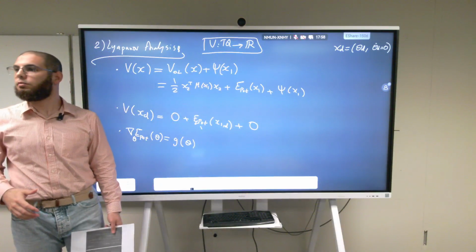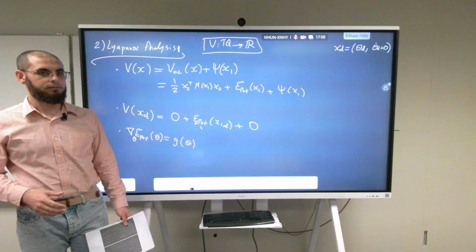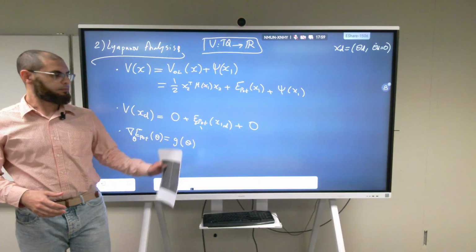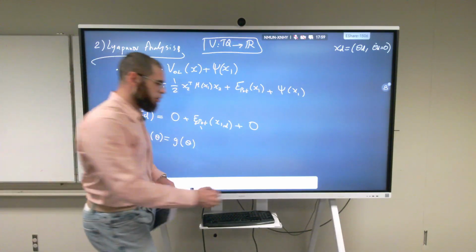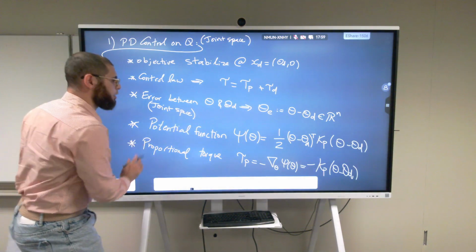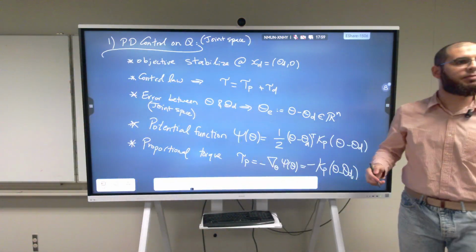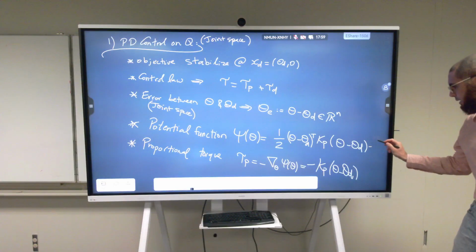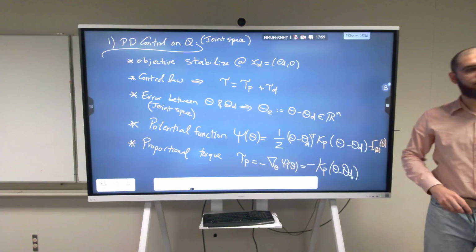What do we need to do here? The opposite of this. What do you mean by that? For the E potential, we need sort of minus E potential function. Exactly. That's exactly what we're going to be doing. So the solution to that problem is simply, for the Lyapunov analysis to work, it's not enough to choose this potential function. We need to add something to it, which is minus the E potential of theta.